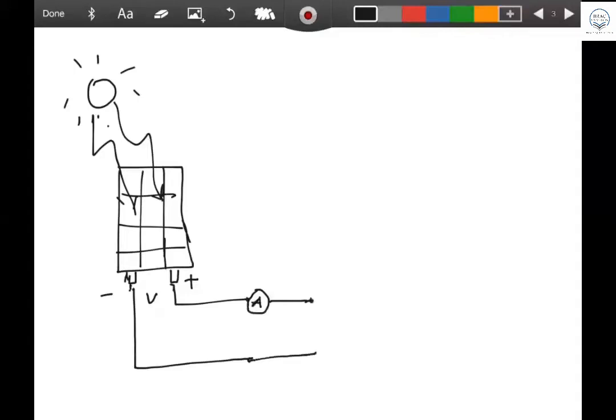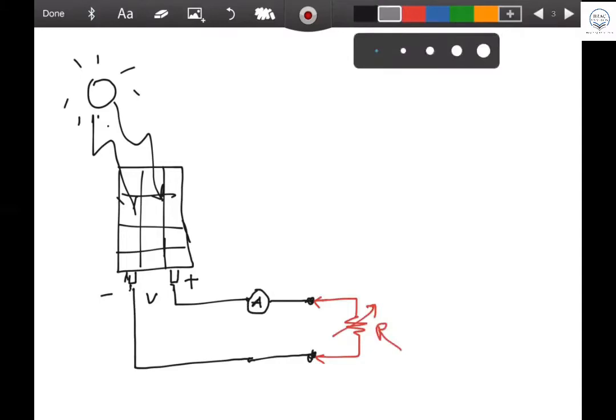But these two terminals they connected with different, according to them, different resistors. So a variable resistor can be put, and then different values of resistor are connected to the panel's positive and negative terminals, along with an ammeter and a voltmeter.